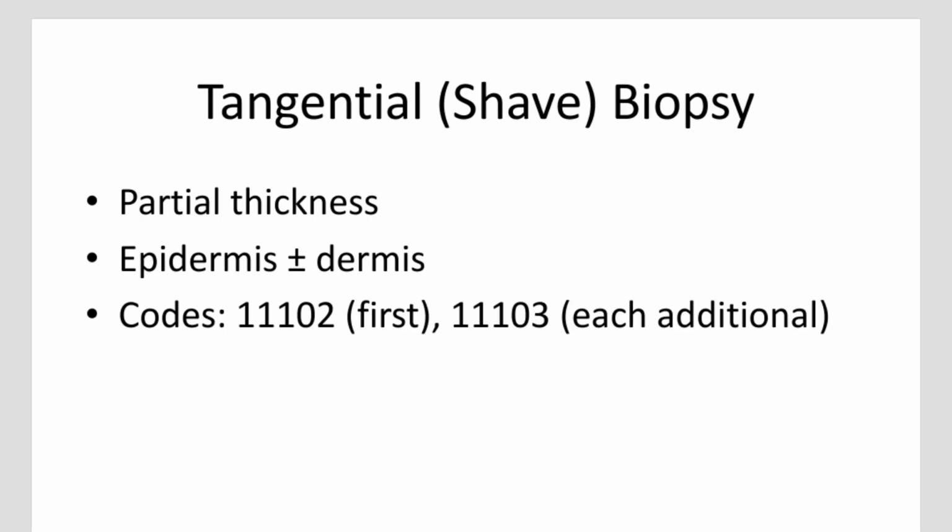So, tangential biopsy, for example shave, scoop, saucerize, curette, is performed with a sharp blade, such as a flexible biopsy blade, obliquely oriented scalpel, or curette to remove a sample of epidermal tissue. So, the tissues are of partial thickness. The tissues are taken from the epidermis or dermis layer. So we have two codes for tangential biopsy.